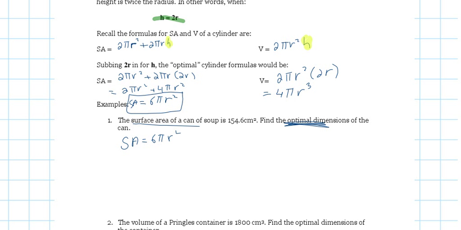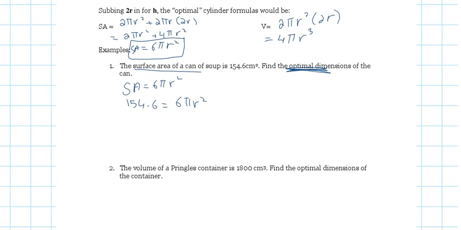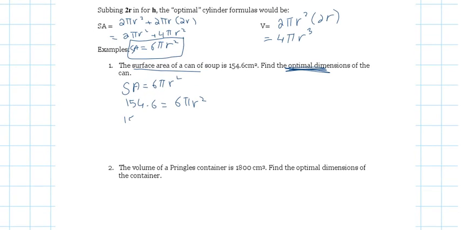So I have 154.6 equals 6 pi r squared. Then we can divide 154.6 by 6 pi. Be careful that when you're dividing by 6 pi, you put the 6 pi in brackets. Otherwise, your calculator will not know what you are doing and it will multiply by pi.